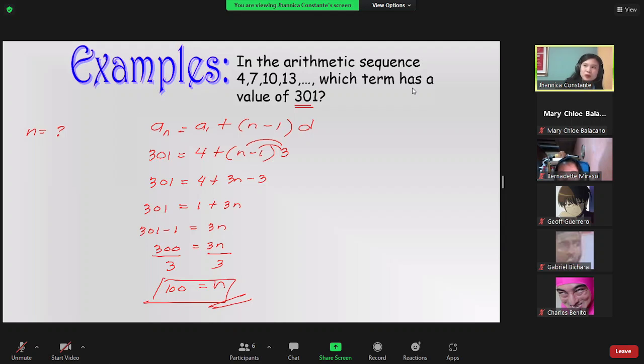Another example wherein we can use the same formula, but what we're solving is the first term. Given that we have the common ratio, we have the first term, and we have the value of a specific term in our sequence.